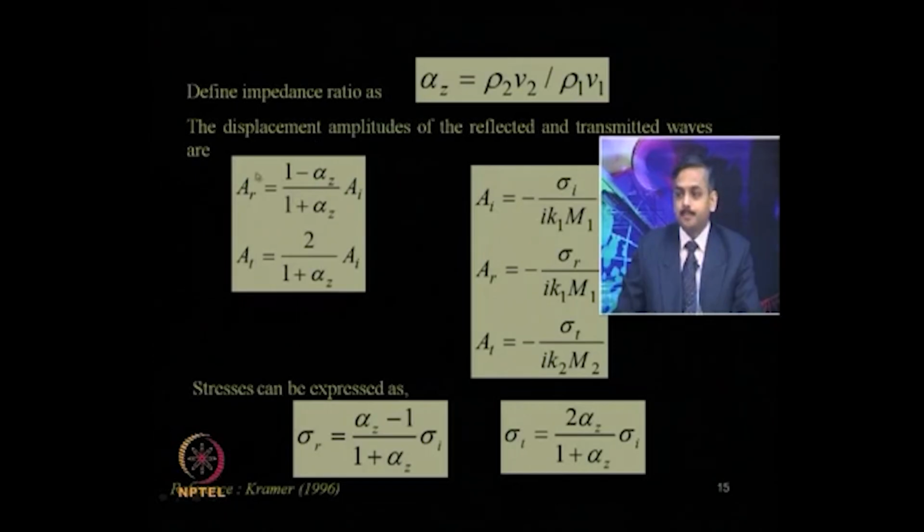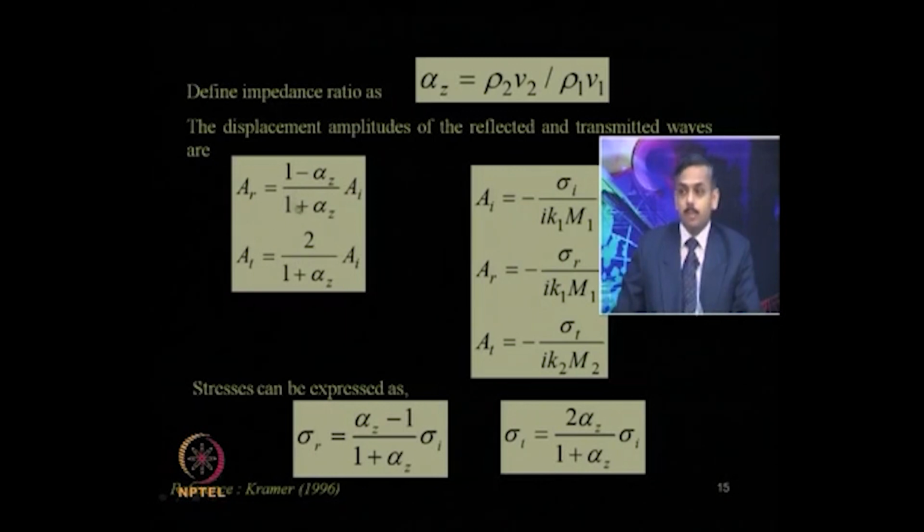That is why it gives us a similar value of impedance ratio, whether it is a P wave or S wave, right. Now, what we can see from this slide is that the displacement amplitudes of the reflected and transmitted waves can be represented through this impedance ratio in the simplest format. So, these two equations are very, very important.